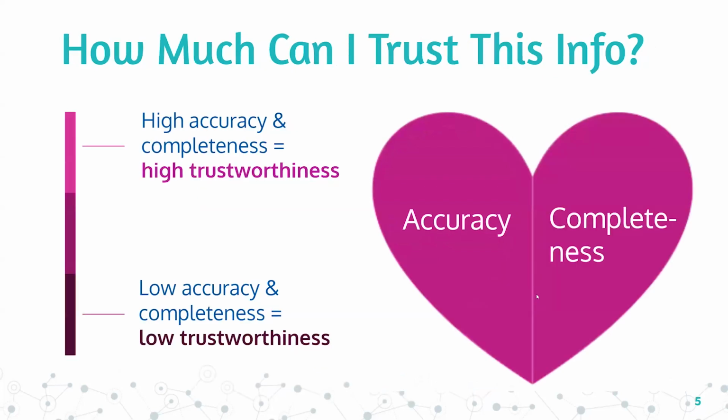It really comes down to this question: how much can I trust the information that I see in Family Tree? When we have high accuracy and completeness, we have high trustworthiness. But when we have low accuracy and completeness, of course, it follows that the data is not very trustworthy.